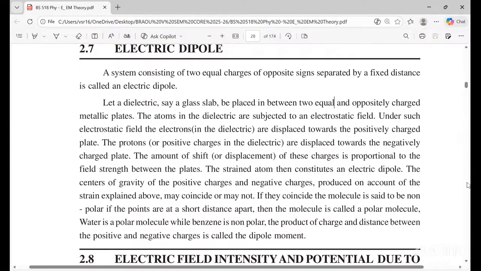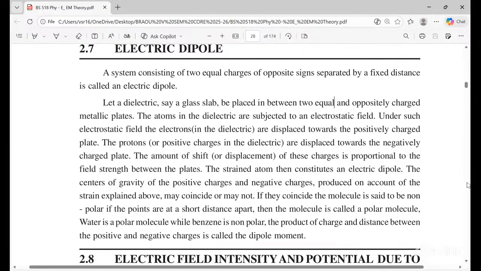The resistance of the insulating material is high, that means the conductivity of the material is very, very low, so it doesn't allow any current through it.